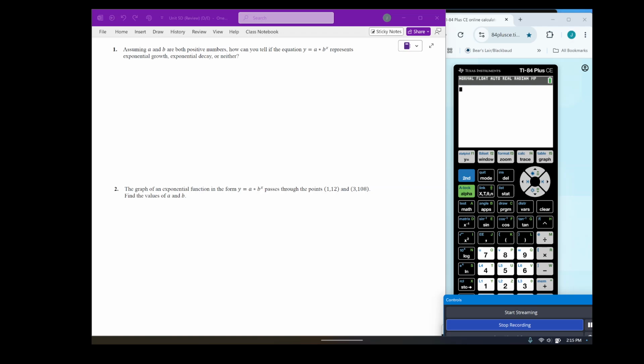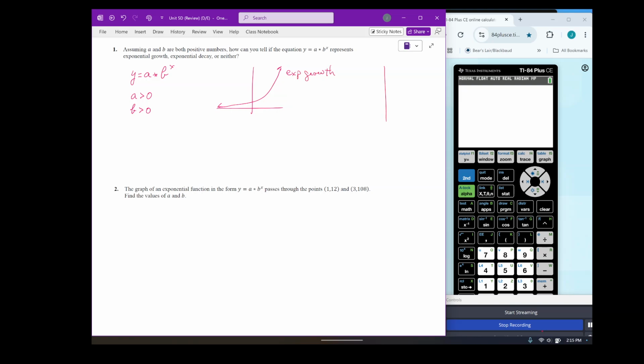It says if you have the equation y equals a times b to the x, and a is a positive number and b is a positive number, how can you tell if it's exponential growth, which that's exponential growth, or if it's exponential decay, so that's exponential decay, or neither? Okay.